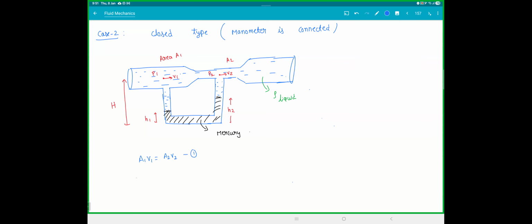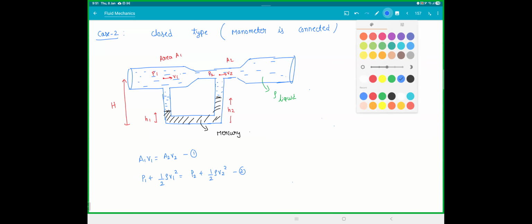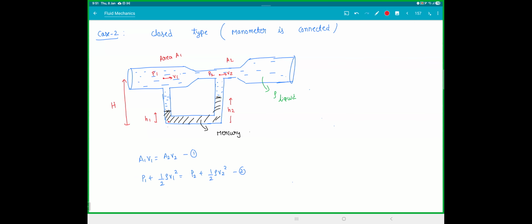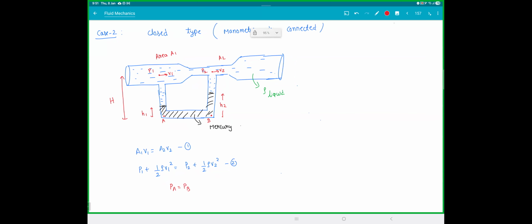Next thing, Bernoulli's equation. P1 plus half rho V1 square is P2 plus half rho V2 square. Now, if you choose two points here, let's call this A and this B. We can say PA is equal to PB because they're at the same level in the liquid. Now, what is PA here? Be careful here. There are two liquids here.